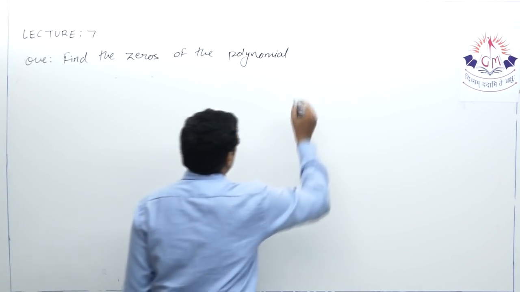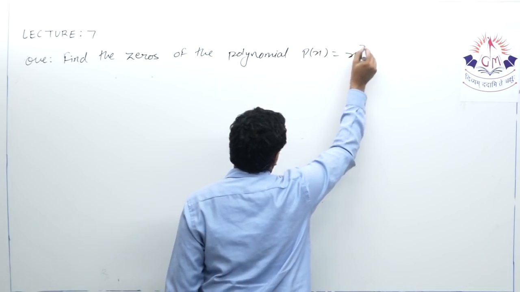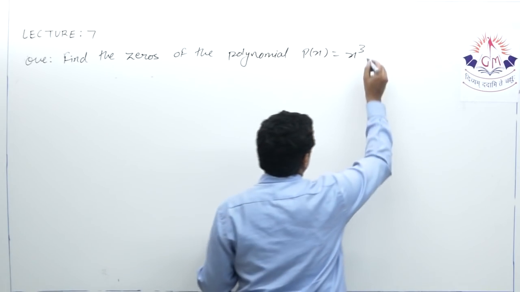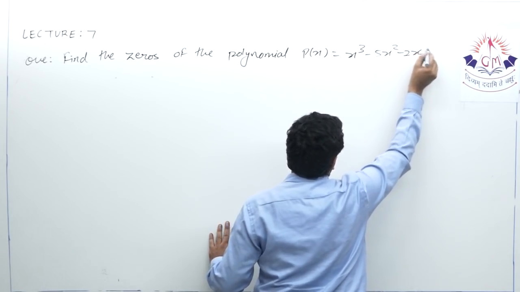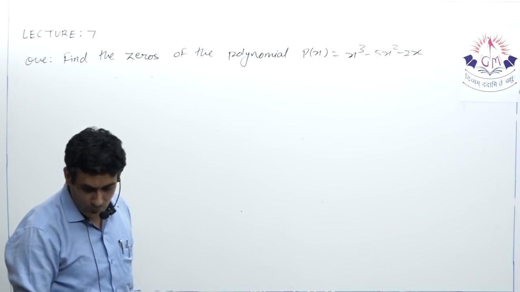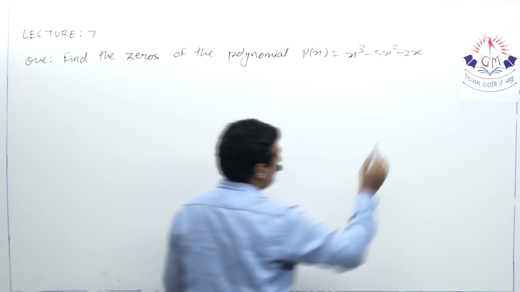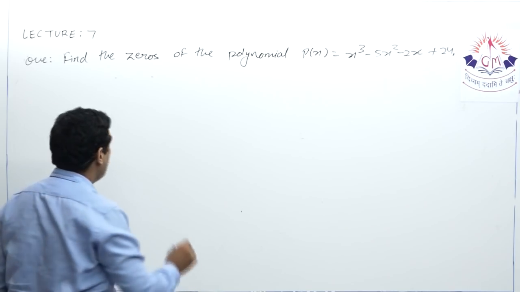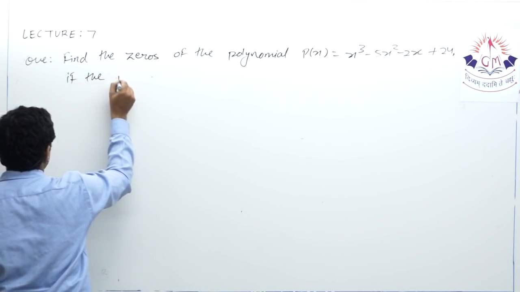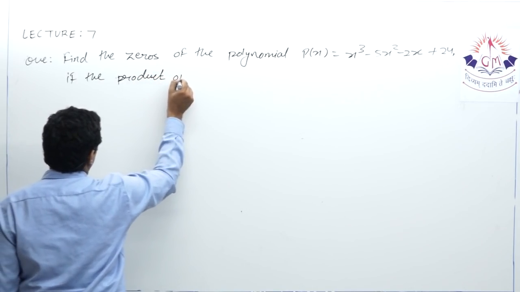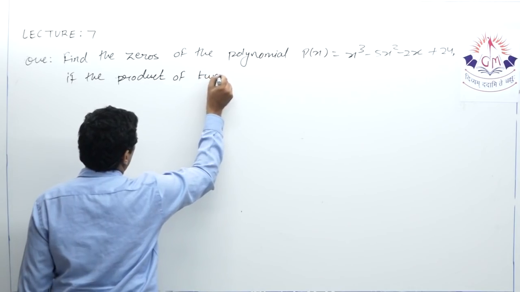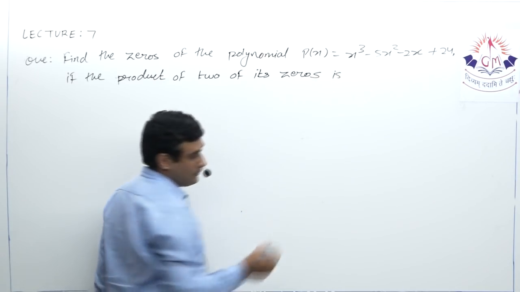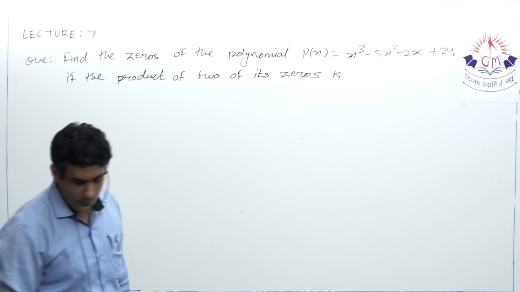p(x) is equal to x cube minus 5x square minus 2x plus 24, if it is given that the product of two of its zeros is 12.